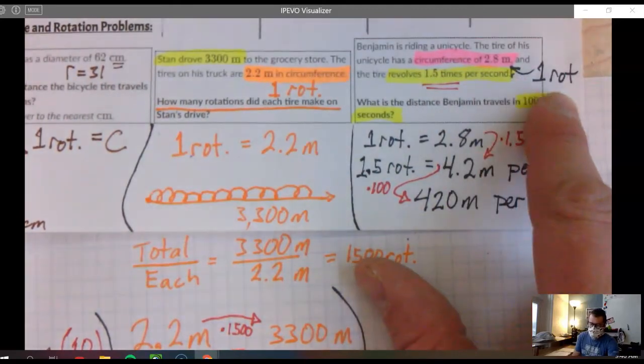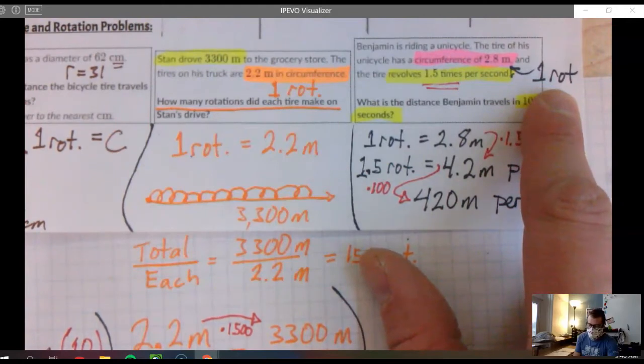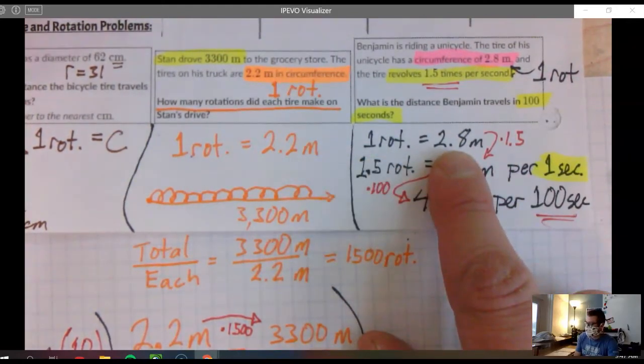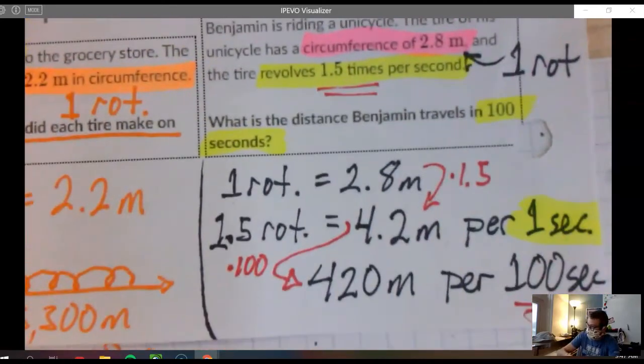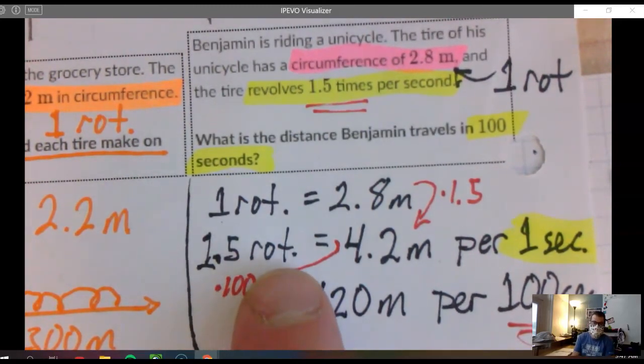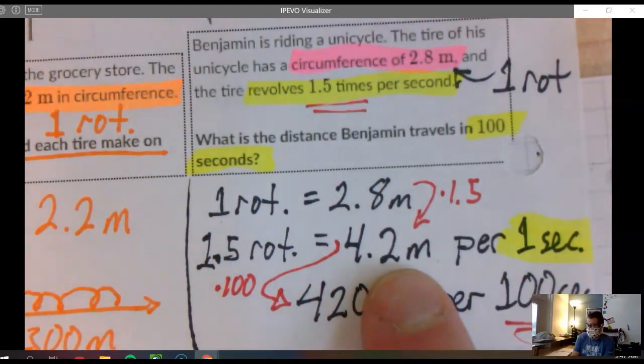Circumference, right? That's one rotation. I always make a little note: if they tell us circumference, that is one rotation. Well, if one rotation is 2.8 meters, I'm going to zoom down into this one. If one rotation is 2.8 meters, how do I get to 1.5 rotations? We'll do 1.5 of it. That's 4.2.